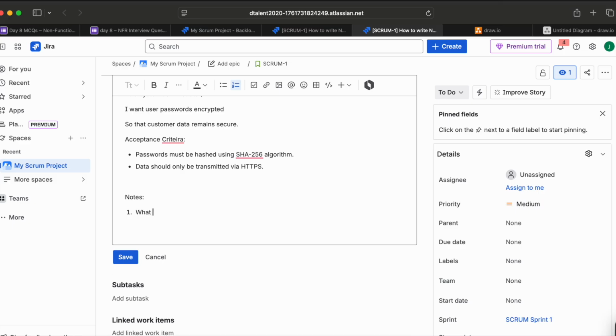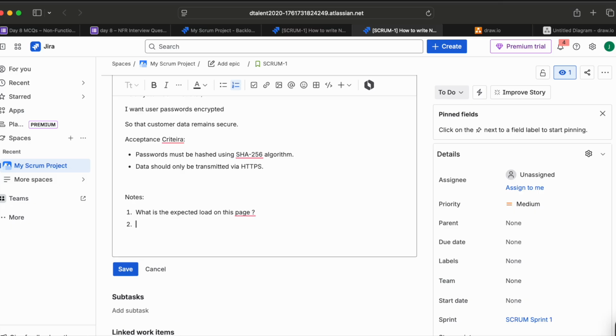What is the expected load on this page? Okay, so that's the first question you ask. How many concurrent users are we targeting?